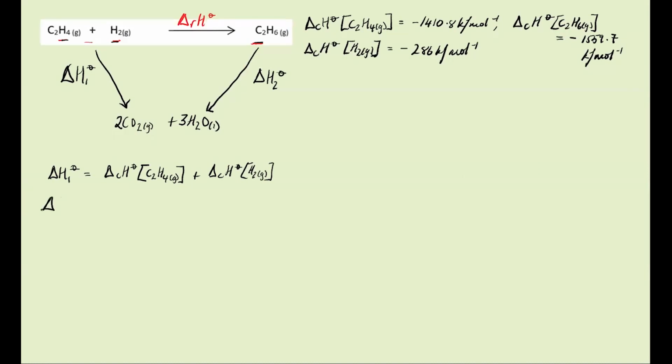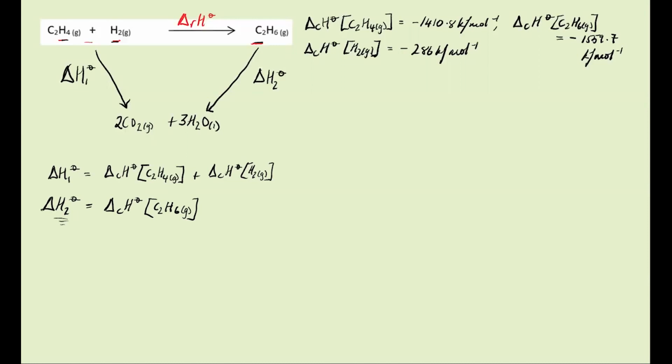Delta H2, on the other hand, is just the enthalpy of combustion of C2H6, which is ethane. Now, I'm pretty sure throughout all these examples, we've only ever had 1 component for our delta H2. That's not the way it will always be. It's just coincidence that it's worked out for these examples.